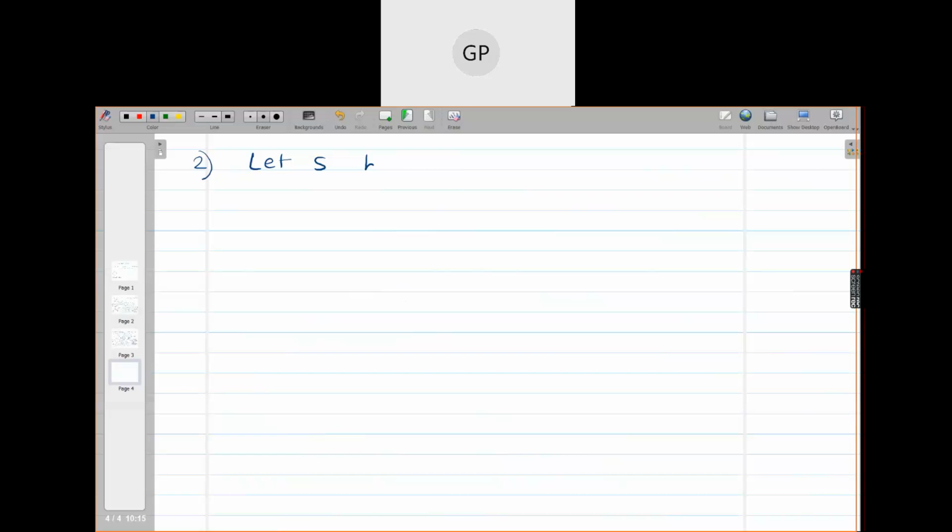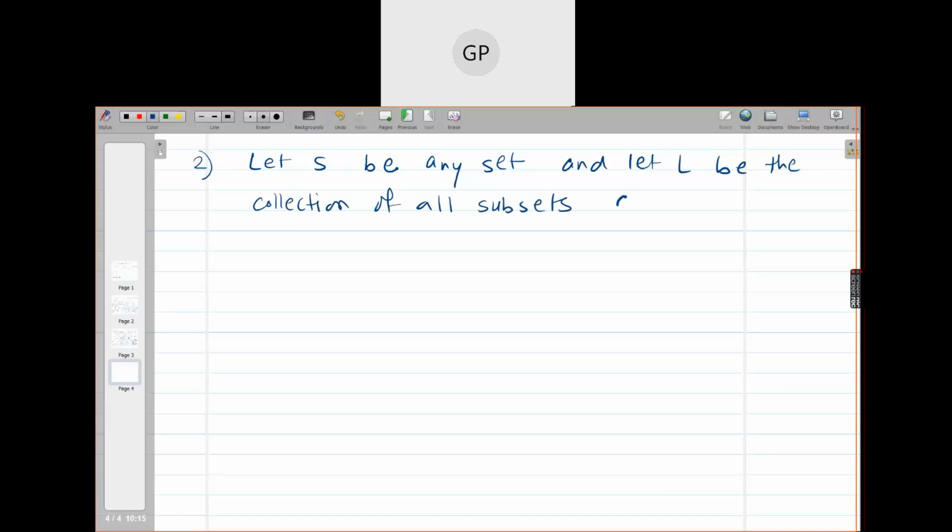Let S be any set and let L be the collection of all subsets of S. That is, L is the power set of S, right?